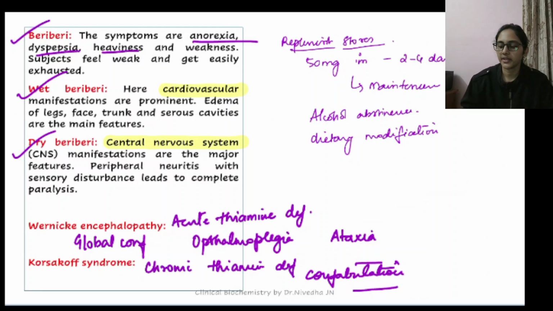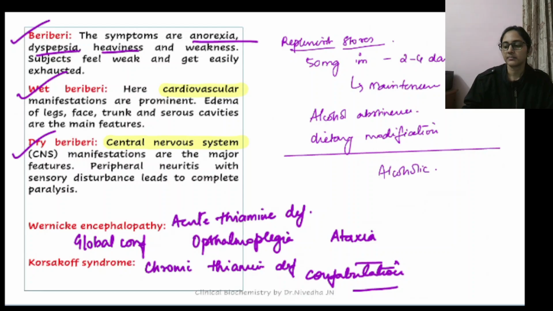And one another point you can tell me: if an alcoholic comes with low glucose, can you start IV dextrose all of a sudden? What happens when an alcoholic comes to you with low glucose value and you just give him IV dextrose?